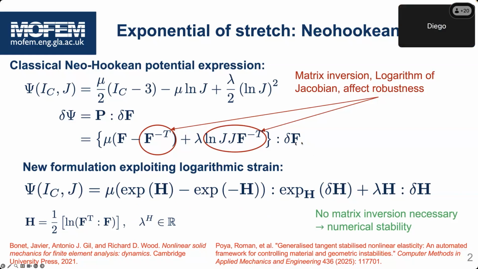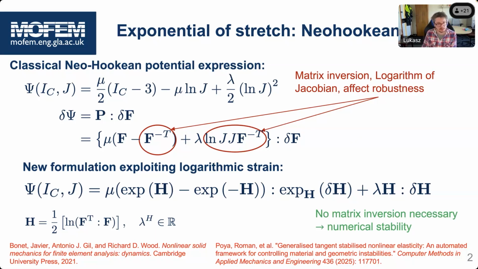As a result, we guarantee that for any random set of degrees of freedom, you will have a positive energy. That gives us some hope for more robustness, and I will show how it works over the talk.